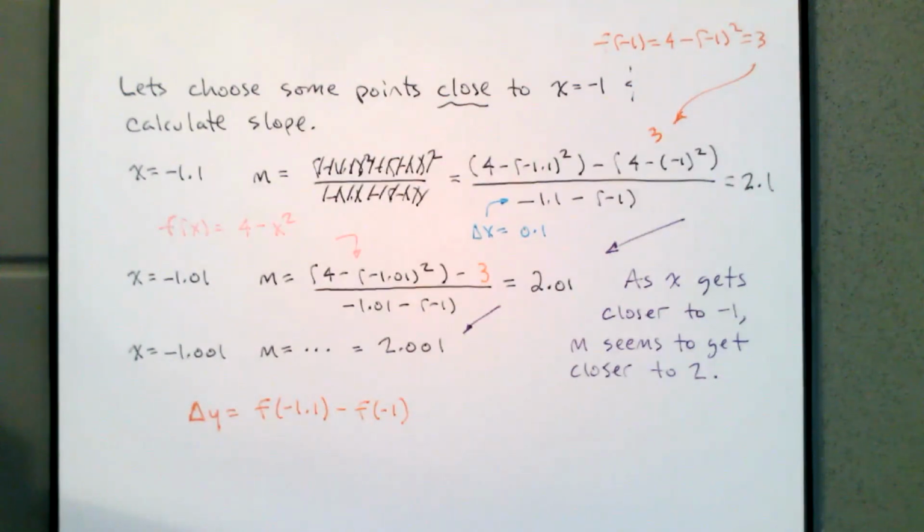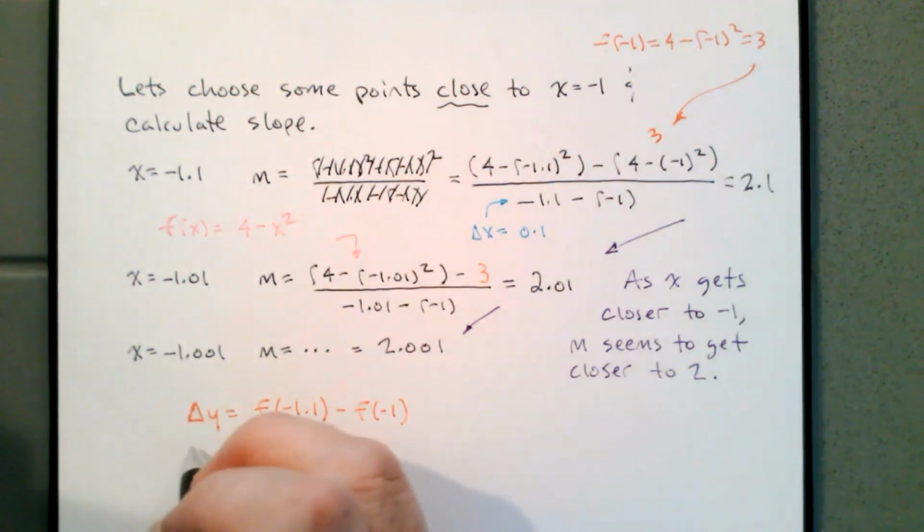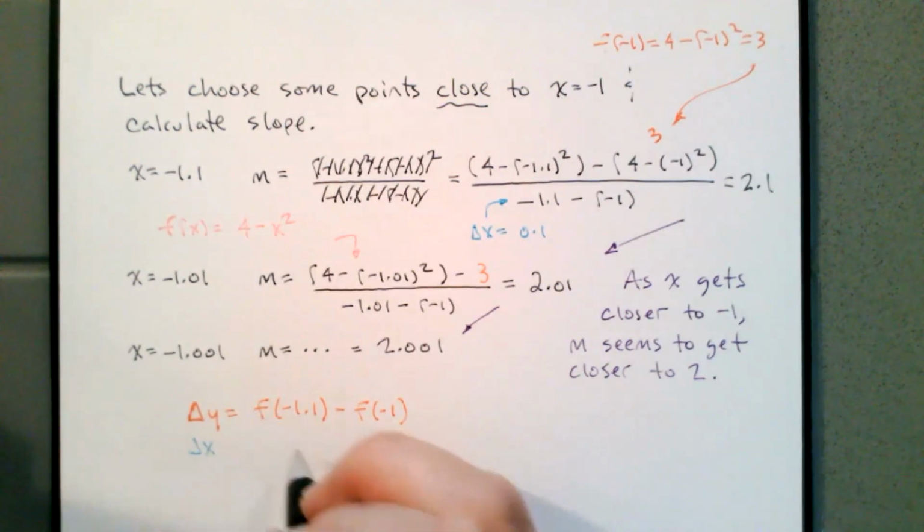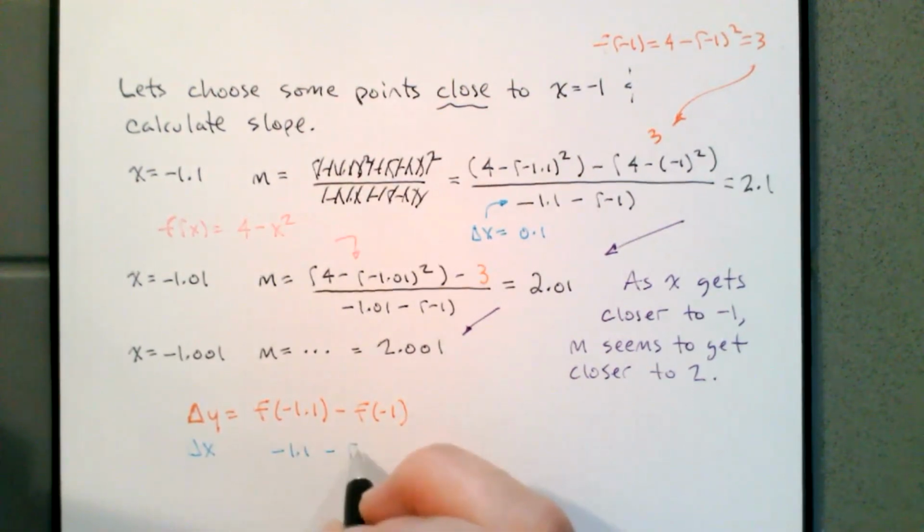So the function that we're looking at in this example is 4 minus x squared. We're trying to find the equation of the line tangent at the point -1, but we have to pick points that are close to -1 so that we can calculate slope. So there's an actual change in y and a change in x, so we don't get 0 over 0. And then the change in x is just -1.1 minus -1.